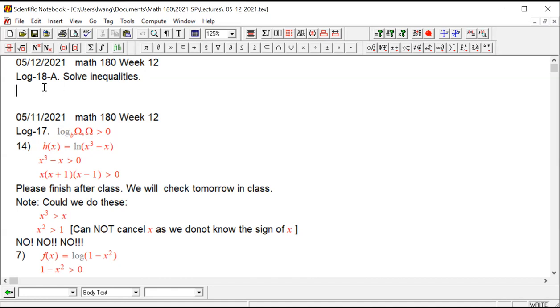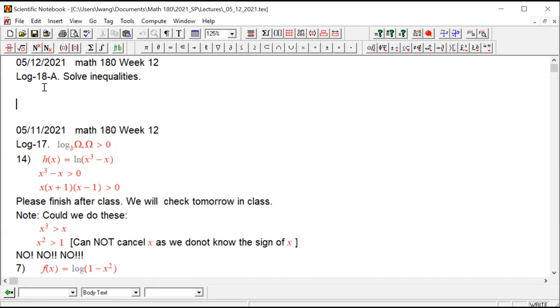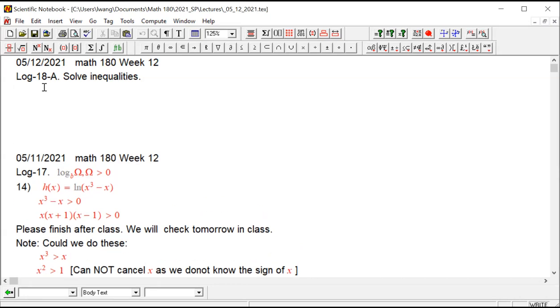How do we solve these inequalities? The general ideas are still similar, but at some places we can use the properties of the specific function, such as increasing, decreasing.